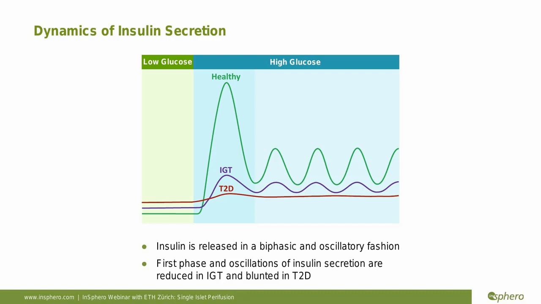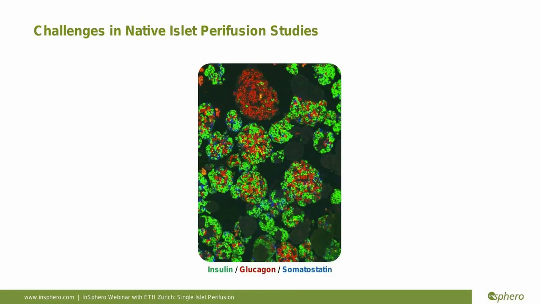These studies of dynamic insulin secretion can be monitored or studied in vitro by perifusion systems. And the native islets present multiple challenges to these studies. So I would like to first talk about what these limitations are. The native islets can be easily isolated, or maybe not so easily, but quite efficiently isolated from the pancreas in the form of pancreatic islet clusters.